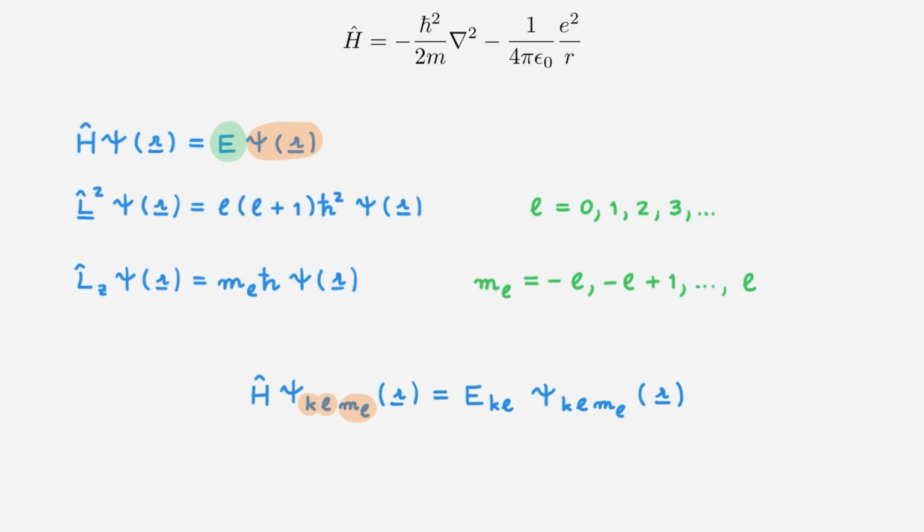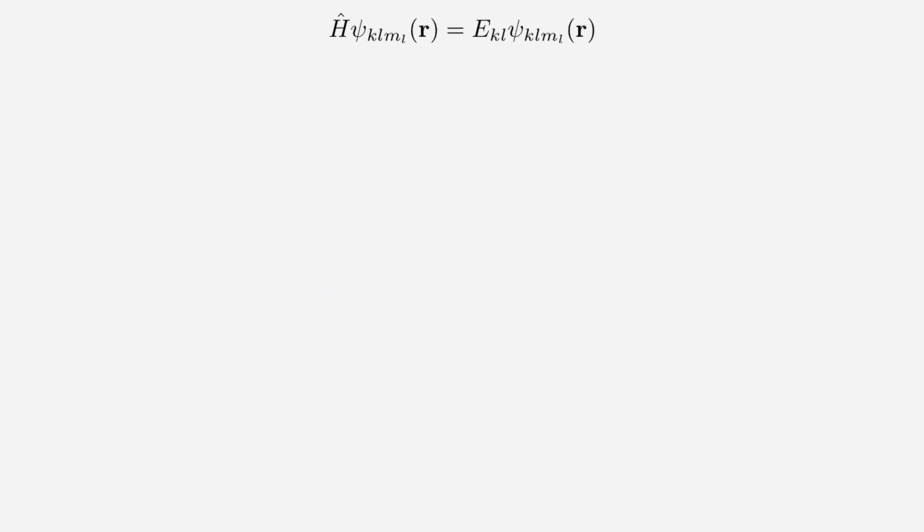In principle, the energy eigenvalues can also be labelled by these three quantum numbers, but we find in the videos on central potentials that they actually only depend on k and l, but not on ml. All we've done so far is to simply rewrite the eigenvalue equation of the Hamiltonian using the appropriate quantum numbers for the eigenvalues and eigenfunctions. That means that we're now ready for a quick recap of the mathematical solution.